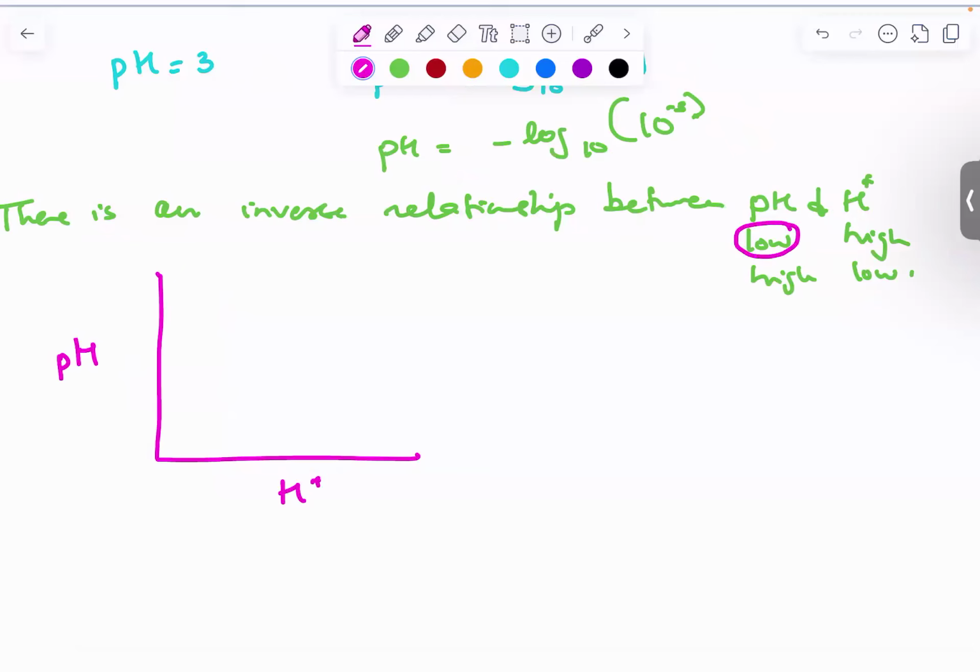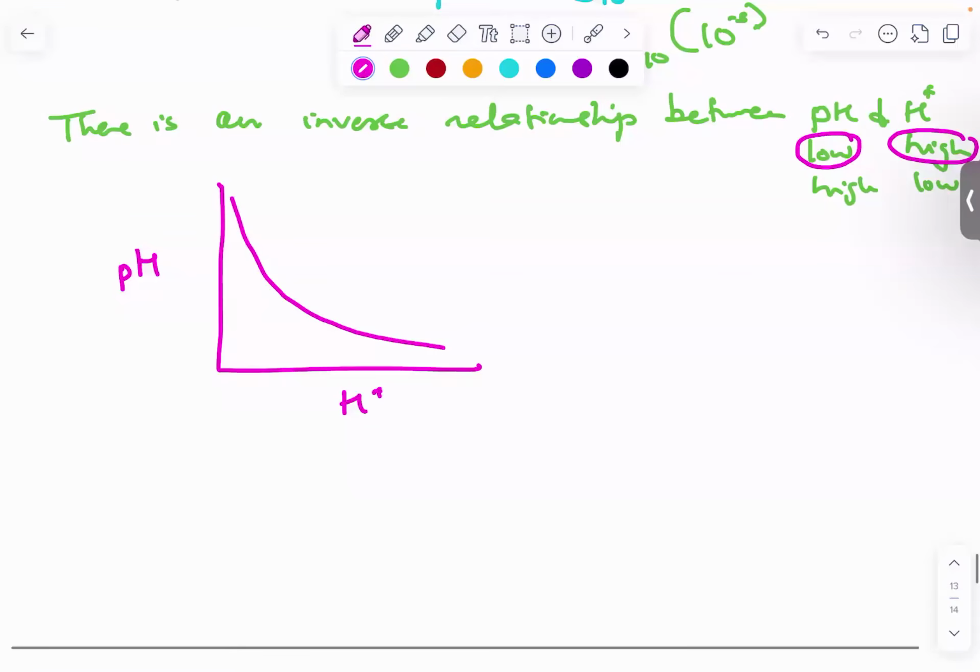Low pH means high hydrogen ions. So that means there would be an inverse logarithm curve that would be like this. I hope it's clear.